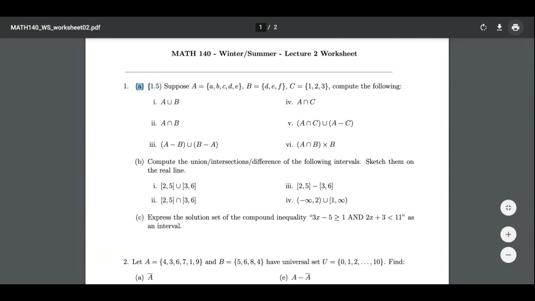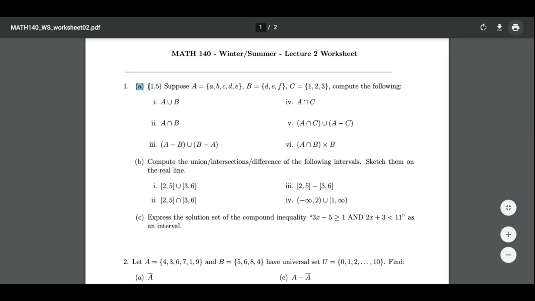Okay, I like Moises' answer, A union B. Xiaoming, Patrick, make sure your answer is for A union B. Yes, A, B, C, D, E, and F. Great.